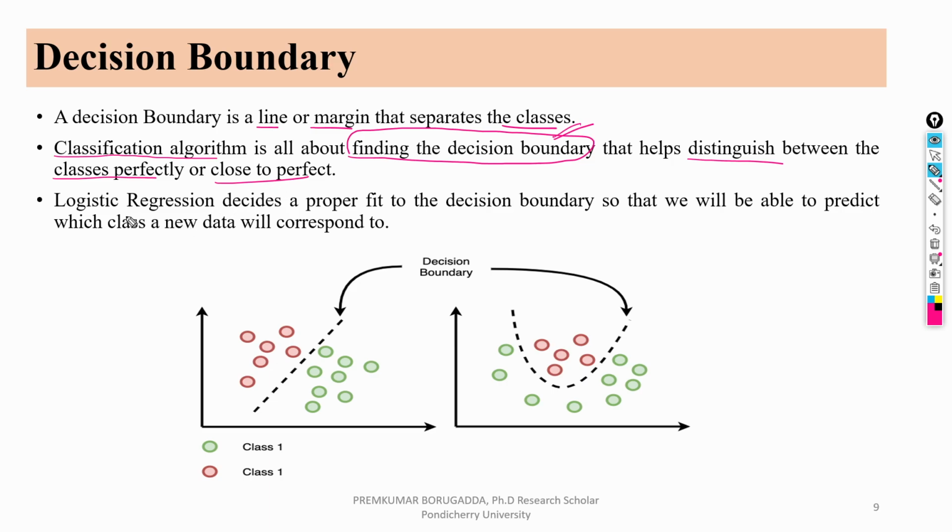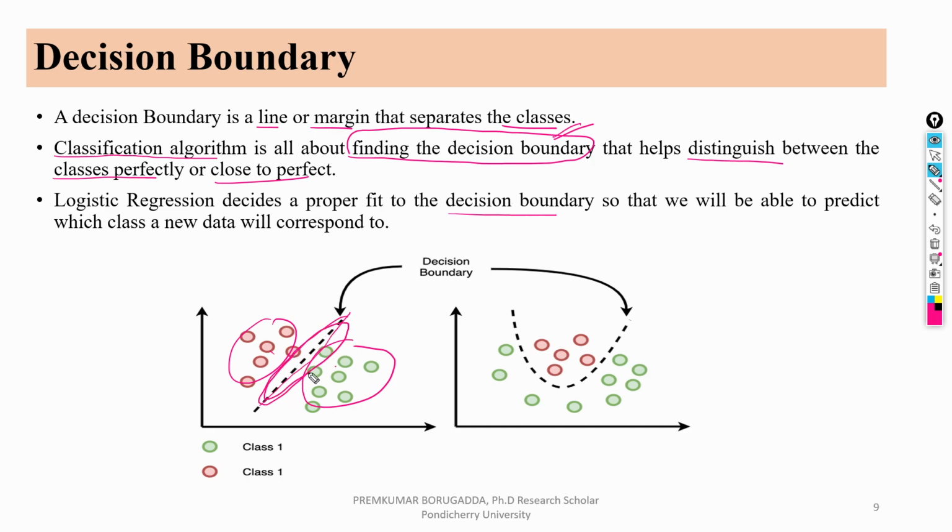So the logistic regression decides a proper fit to the decision boundary so that it will be able to predict which class a new data point corresponds to. Suppose in this diagram this is class 1 and this is class 2. These two classes are separated by this decision boundary. In our logistic regression algorithm, we have to find the decision boundary.